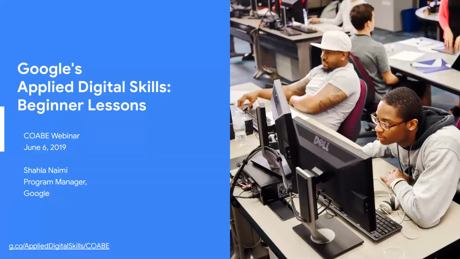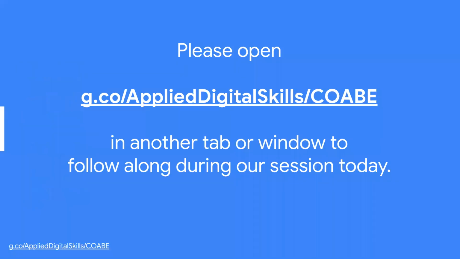This is a resource that will continue to live on the COABE website, so you're able to access it. You don't have to memorize everything, but we're going to be recording both the webinar and also providing you with all of these slides afterwards.